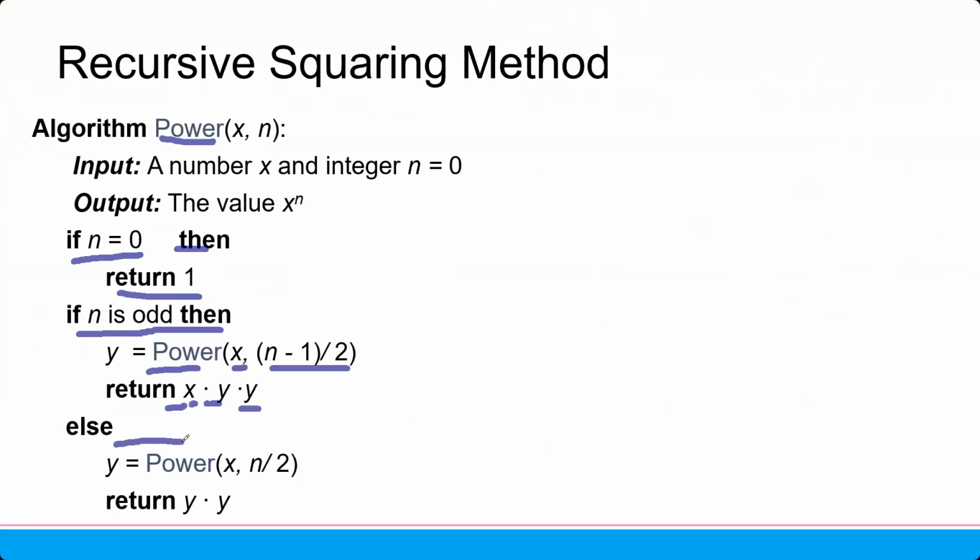If n is even, then we use y equals power(x, n divided by 2), and we return y multiplied by y. So we just skip the x when it is even.